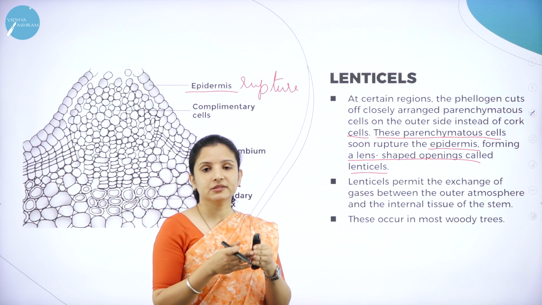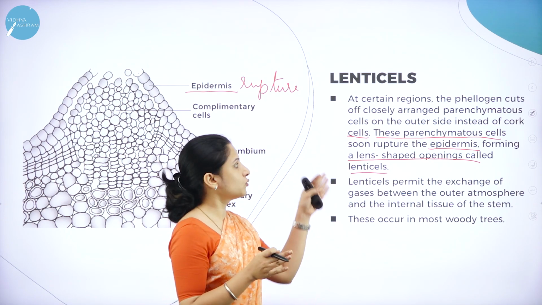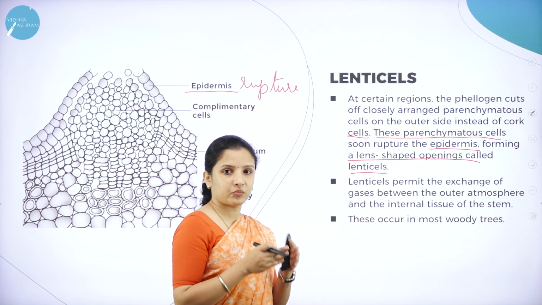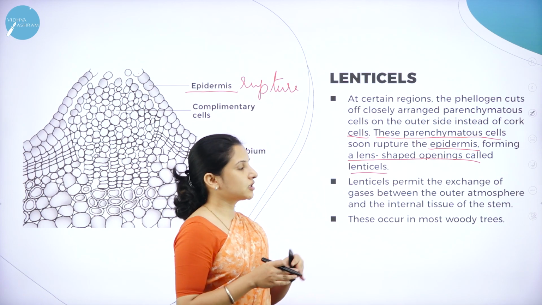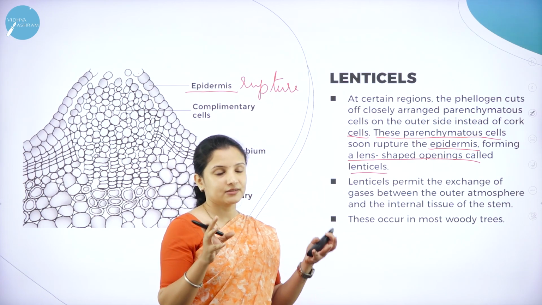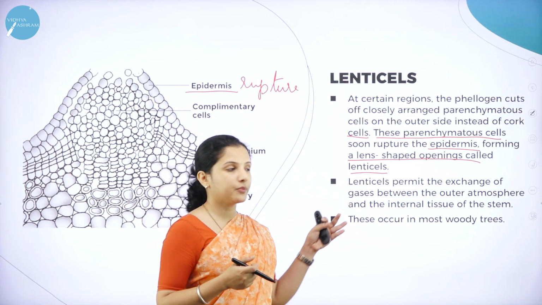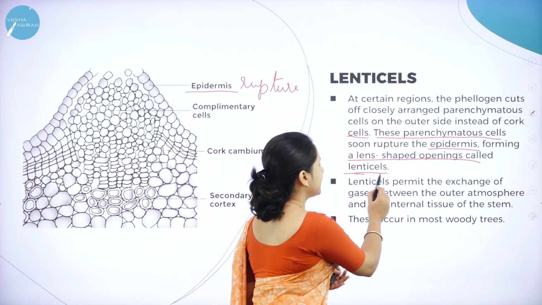Therefore the epidermis will just break open or split open. Once the epidermis ruptures, from those openings lens-shaped cells, or lens-shaped openings, start to develop. That particular region is called the lenticels.